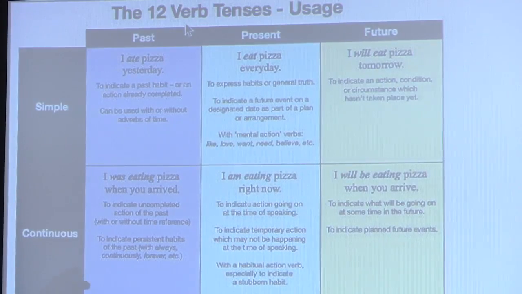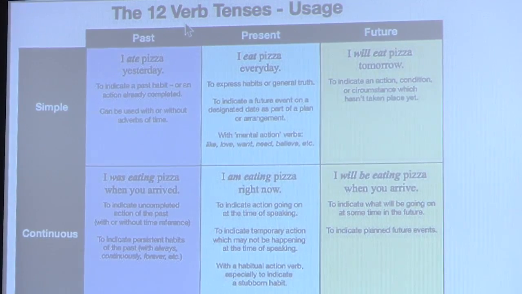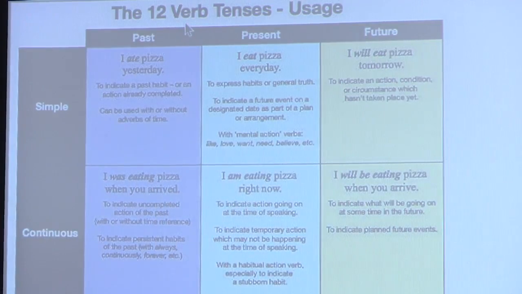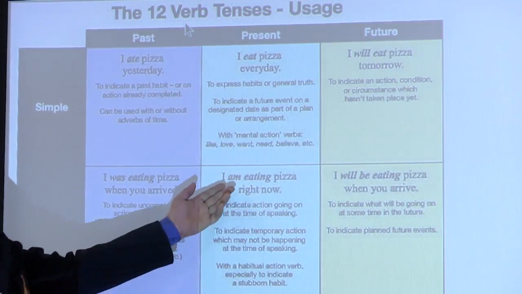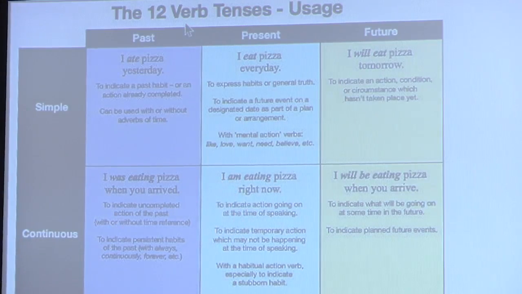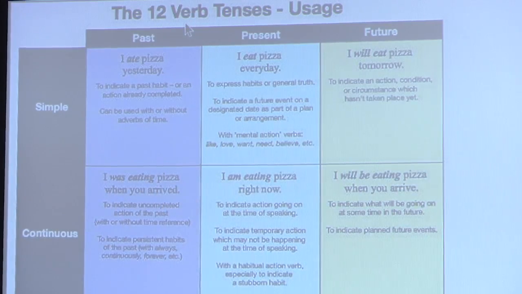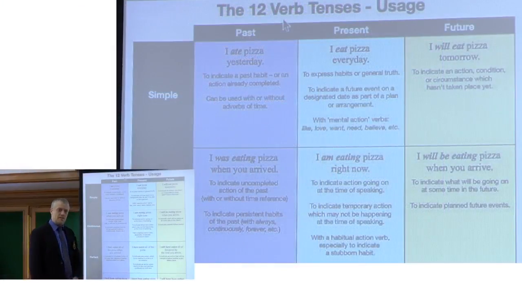It's a very, very good overview for the usages. All the usages are given here, and the form is kind of given to you by the examples. However, I don't like the examples because the examples should be different for each usage. So I've given you another example about me teaching at the moment, at the very moment.